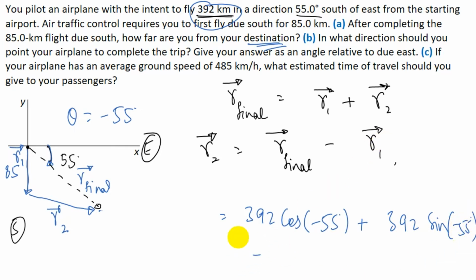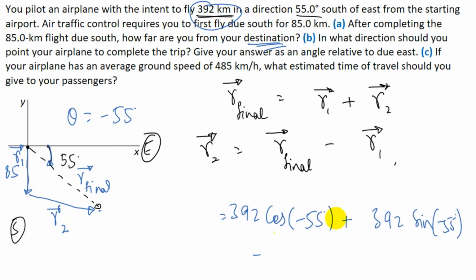Then minus, and this R1 we have is along the negative y. I just forgot to write one thing here, the unit vector. So here it should be x cap and here it should be y cap, right? Now next we have minus 85 y cap. Why is this minus?